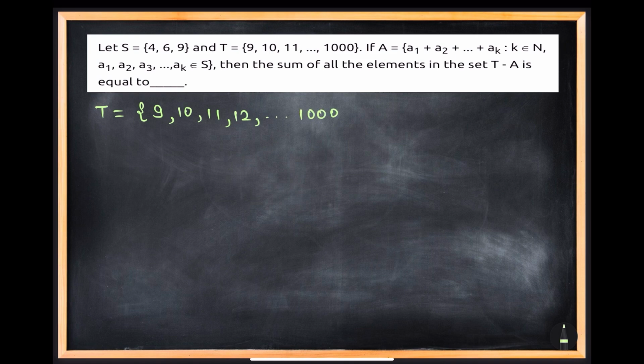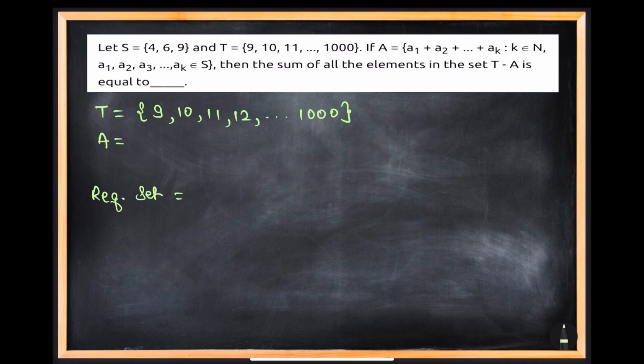So you have these kinds of elements in set T. Now we have to try to create set A, and then we will do subtraction, and then we will have the required set.